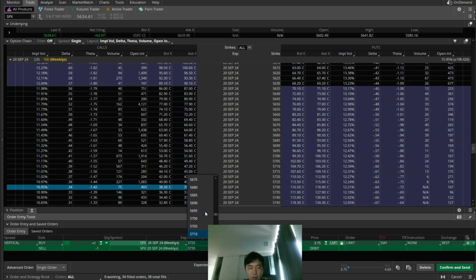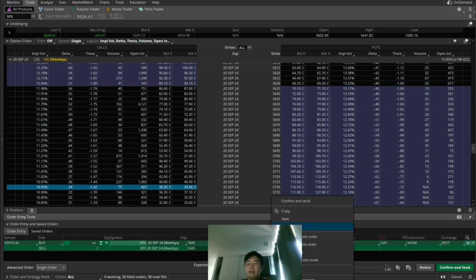So that's 85 and 85, and you unlock. Now you see that if the market moved up by 40 handles, you will make about $110 on the trade on a risk of 380, which is not bad.